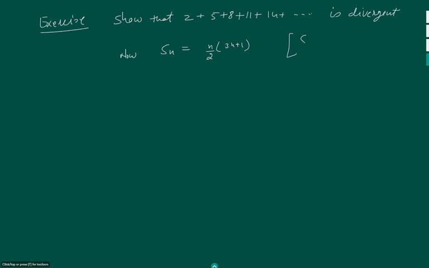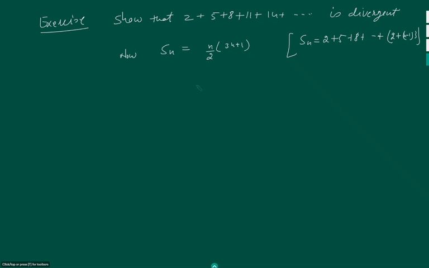Sn, this is an AP 2 plus 5 plus 8 plus, all right, the nth term you can find out, first term plus n minus 1 into d, d is 3. All right, this is the nth term. So this is pretty easy that Sn is equal to n by 2 into 3n plus 1.